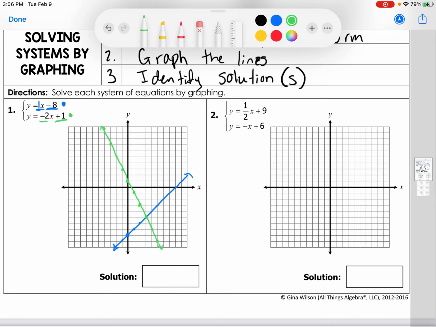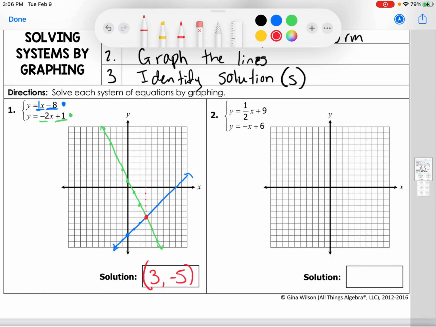So now we've graphed both lines, and I'm just going to grab my red marker here, and highlight this point where they intersect in red. And this point I see is 3 right, 5 down, which means this point is at (3, -5).